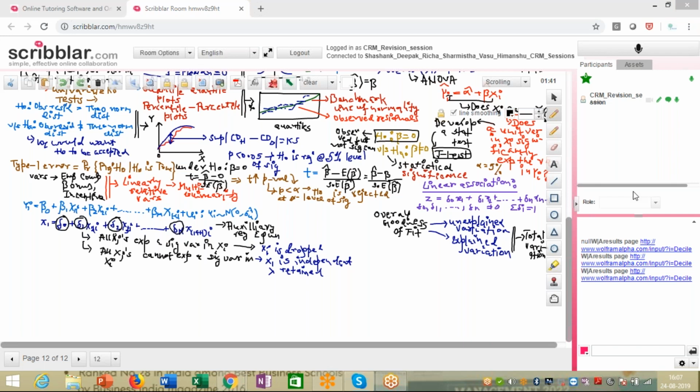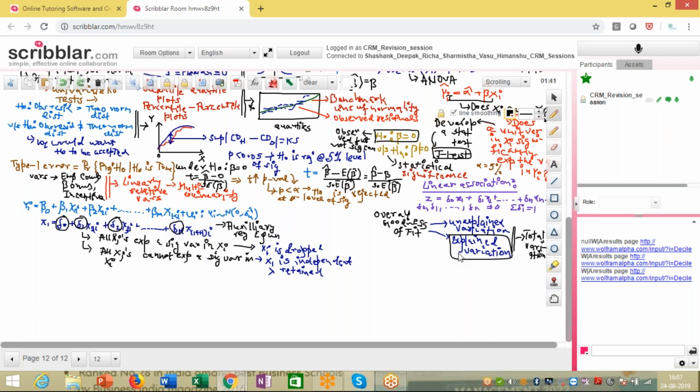Now, a better model is one where the explained variation is higher relative to the unexplained variation.